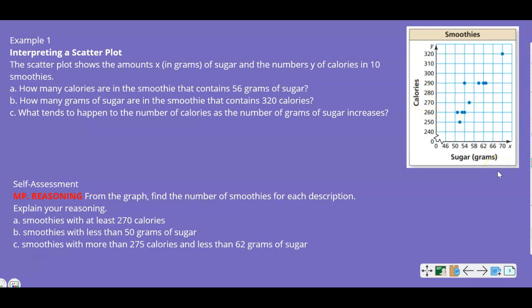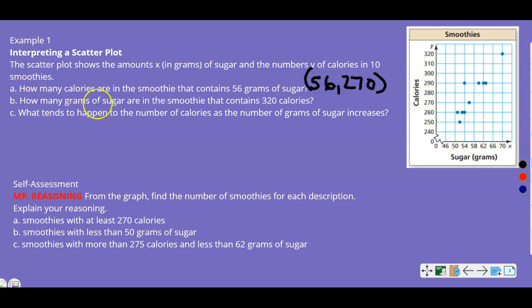So 56 grams of sugar has 270 calories. And that can be written as an ordered pair because you would always have your x and then your y.